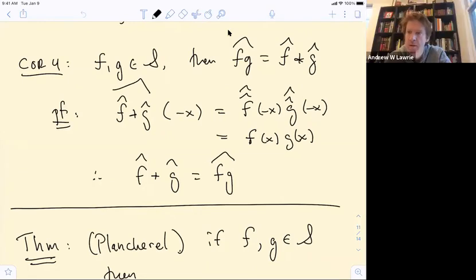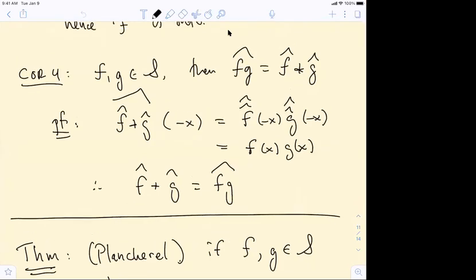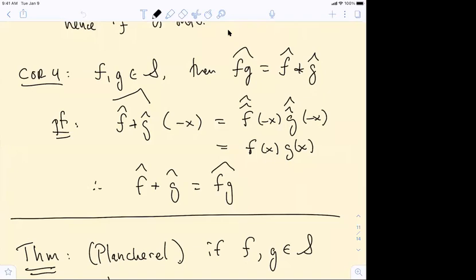So it looks like the L1 space is a bit bigger than the Schwartz space.